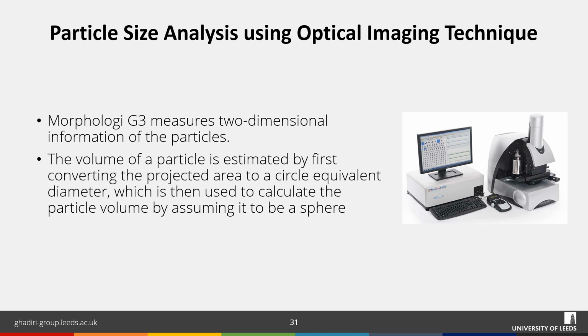Particles are first dispersed onto a glass slide, captured by the microscope, and have their size and shape information analyzed. The result of this device is normally presented in the form of volume distribution, in which the volume of particles is calculated based on their projected area on the glass slide, assuming a volume equivalent to a sphere.